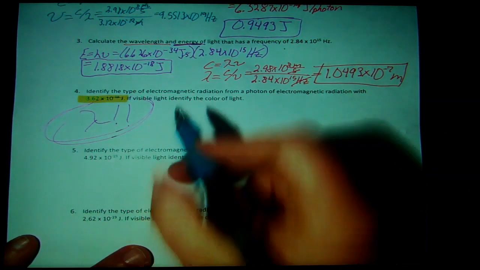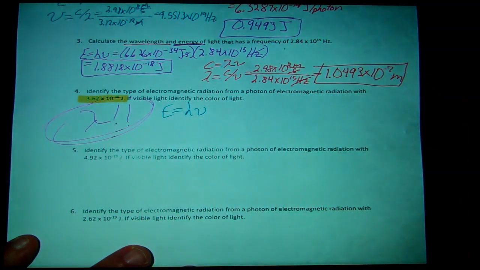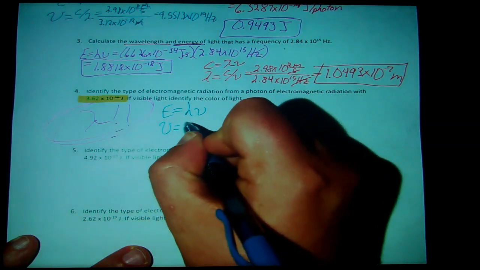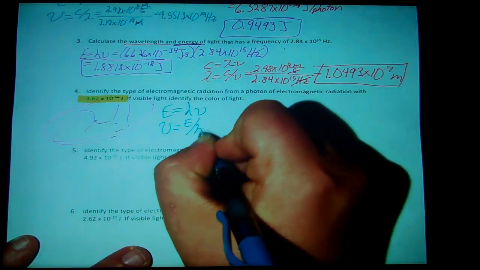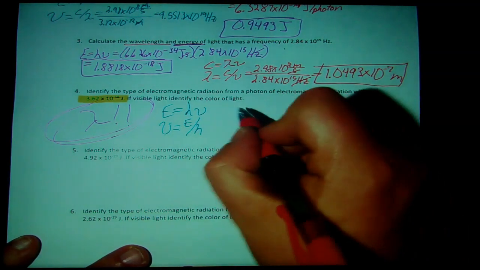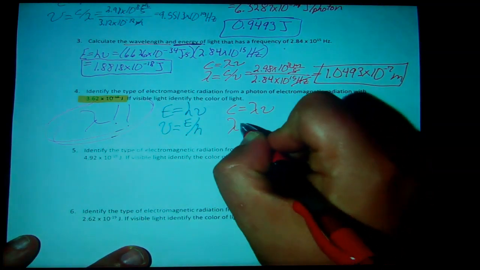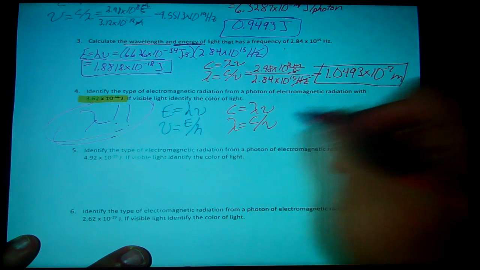Energy equals Planck's constant times frequency. Frequency equals energy divided by Planck's constant. That gets you frequency. Then from there, you go into the speed of light equals wavelength times frequency, and wavelength equals the speed of light divided by frequency.